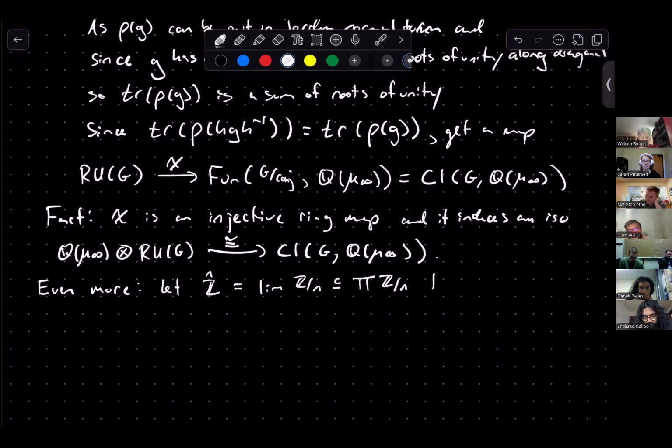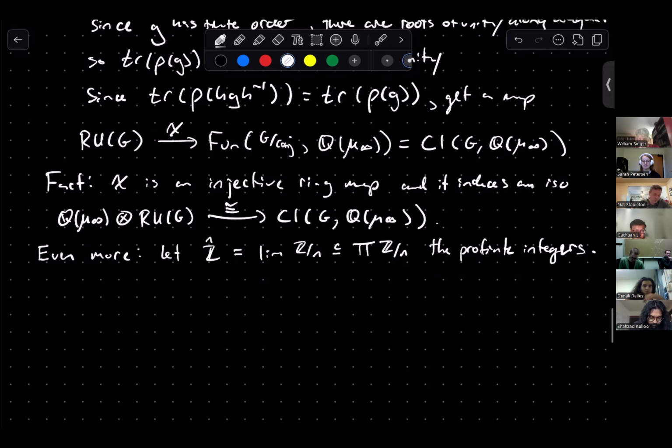So this is the profinite integers. And if you haven't seen them before, you should think about them as not actually too different from the integers, but they have way more units than the integers have. So this is the important feature of the profinite integers. They have way more units.